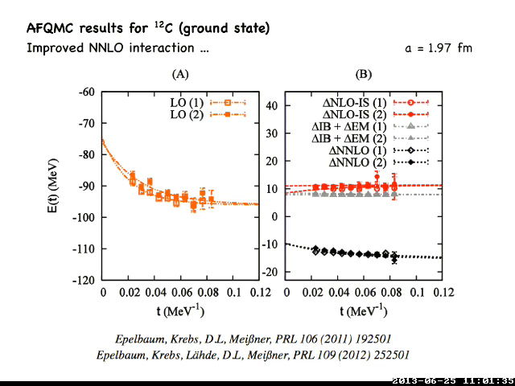Then there is also a 4-nucleon term, which we treat as a modification of the 3-nucleon term. I will speak about that later. So it's an improvement where you put in a 4 body interaction by hand.